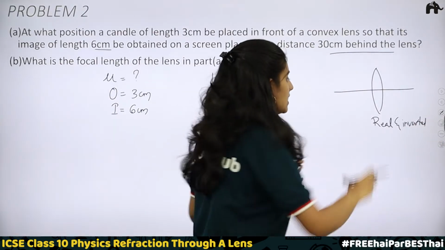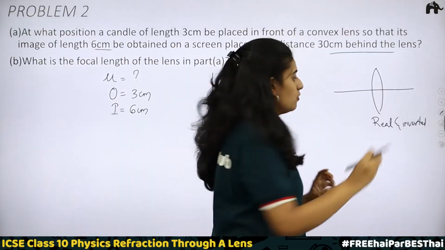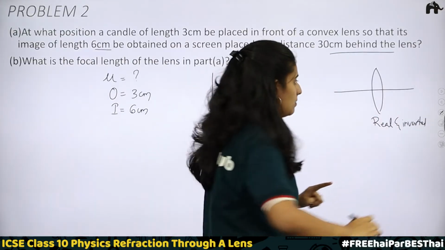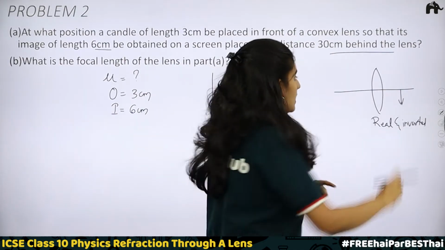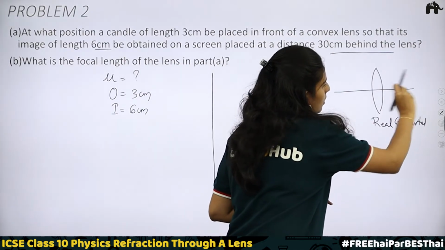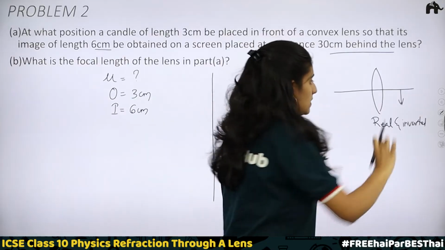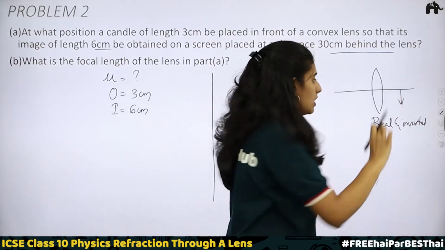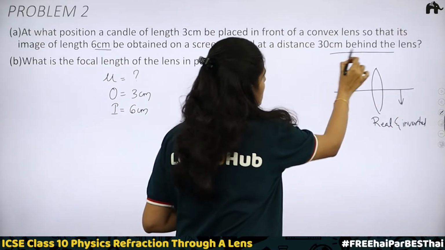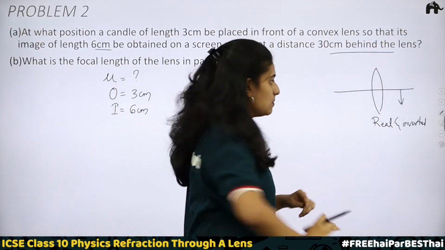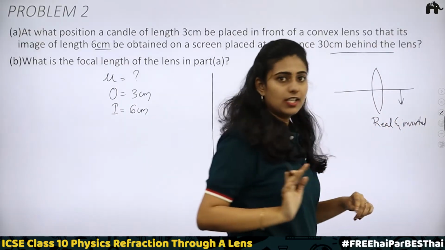Real and inverted images means this is how the image will look. Okay, the image is below the principal axis, which means we have to take the height of the image negative. So here it is said that the image is formed behind the lens, which means the image formed will be a real and inverted image.